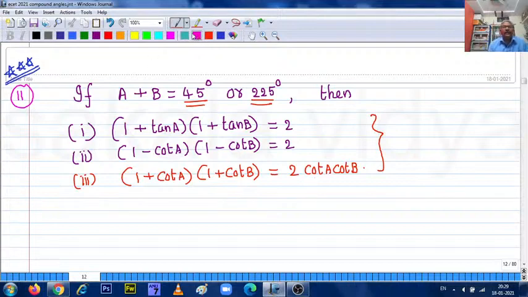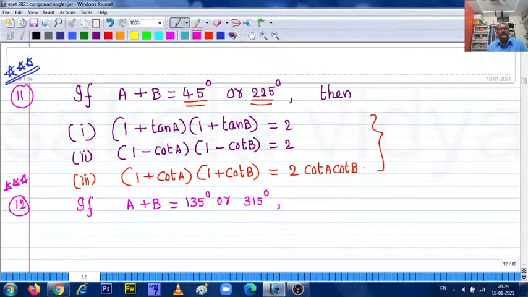Whereas for the 12th formula, this is also important. See, if A plus B equals, instead of 45, 135 degrees, or 315 degrees, then the first one: 1 minus tan A into 1 minus tan B equals 2.